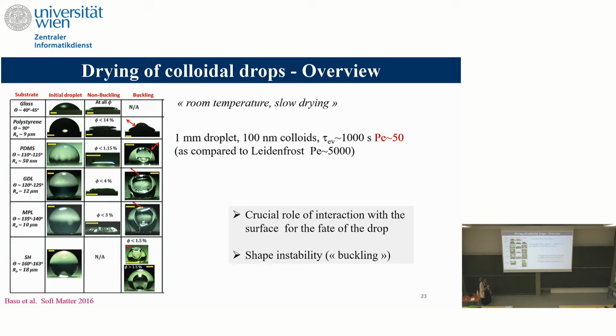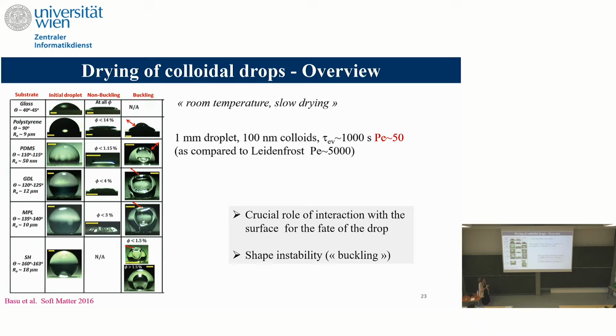Okay, in this experiment, it's usually at room temperature, so the drying is slow. And if you evaluate the Peclet number, it's about 50, so much lower, 2 orders of magnitude lower than what we had before. Still 50, you could say, but it's quite big.